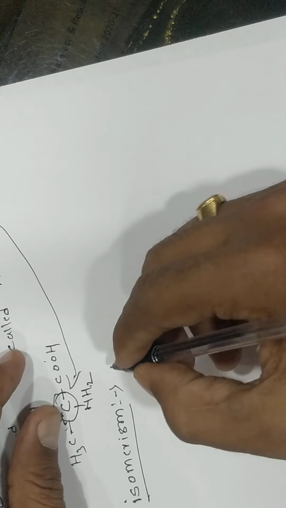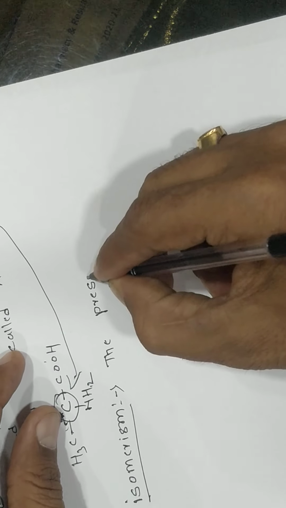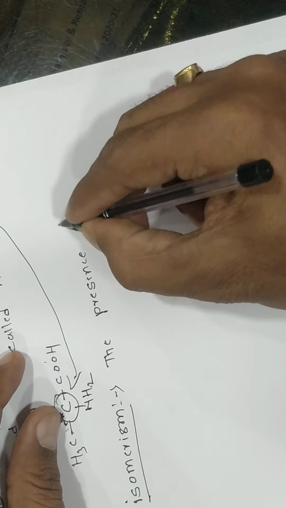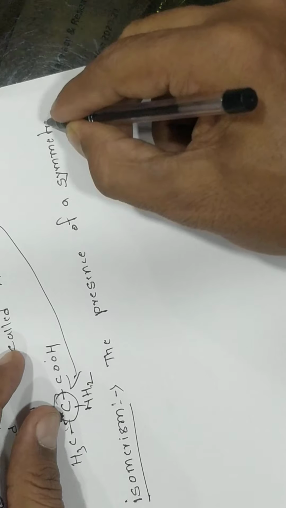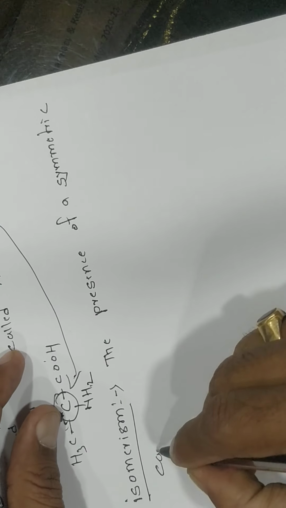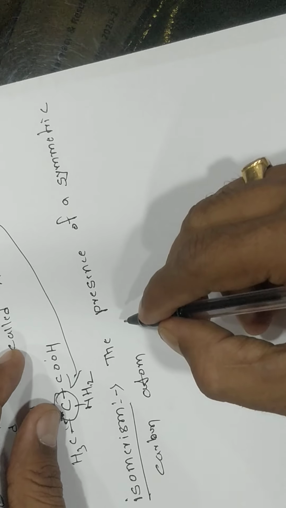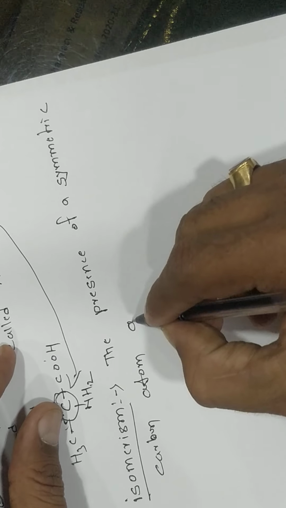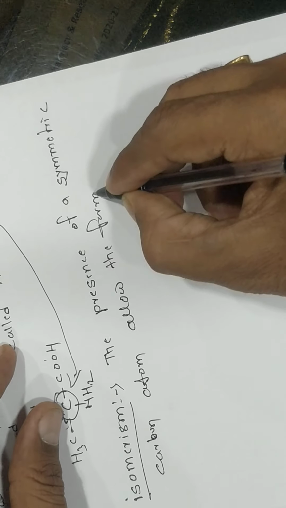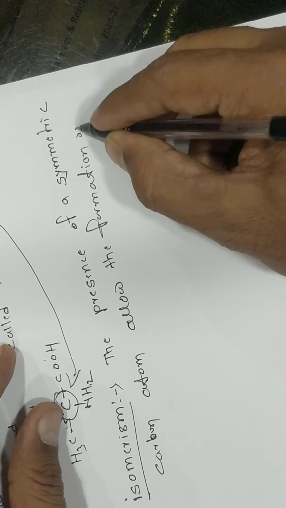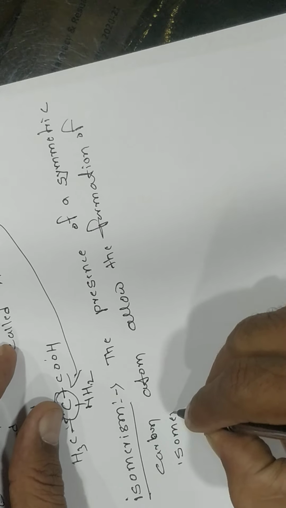Now see, the presence of an asymmetric carbon atom allows the formation of isomers.